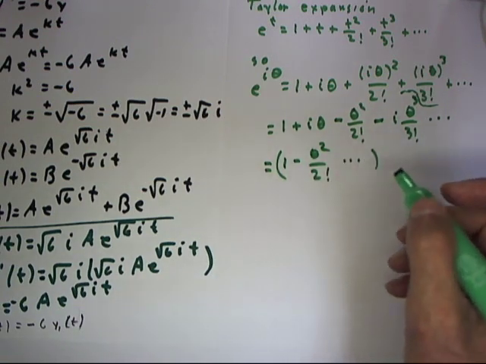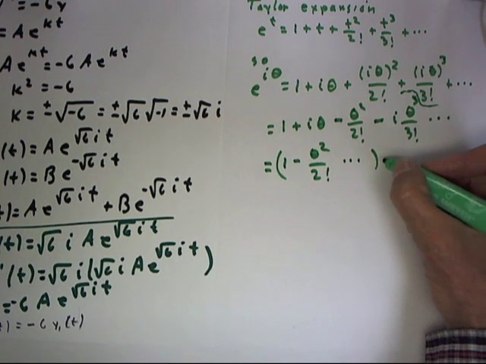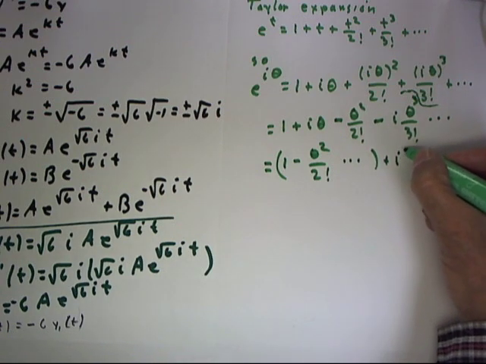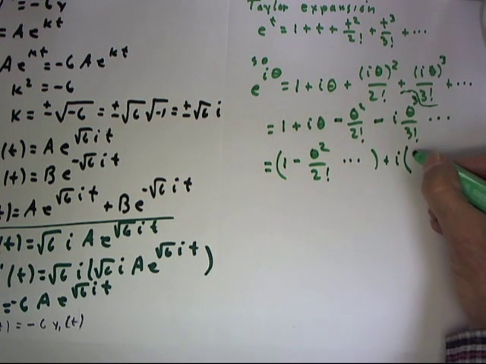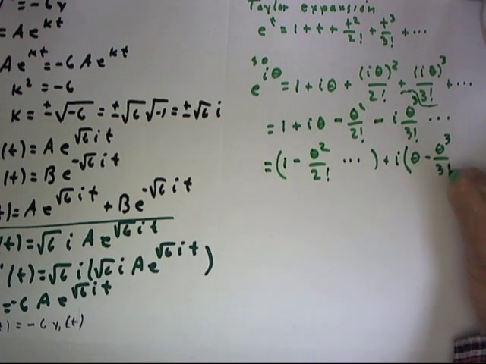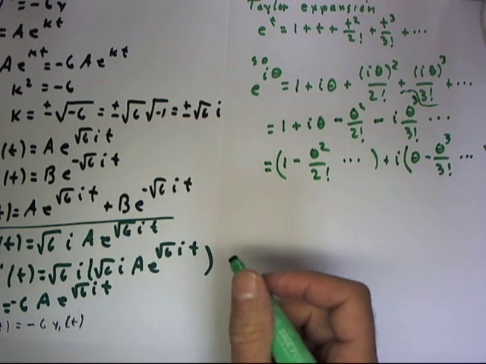I'm not going to write all those terms out. I'll leave that to you. But then this will be plus i multiplied by the terms that have i, which is going to be theta minus theta cubed over 3 factorial, and so on.